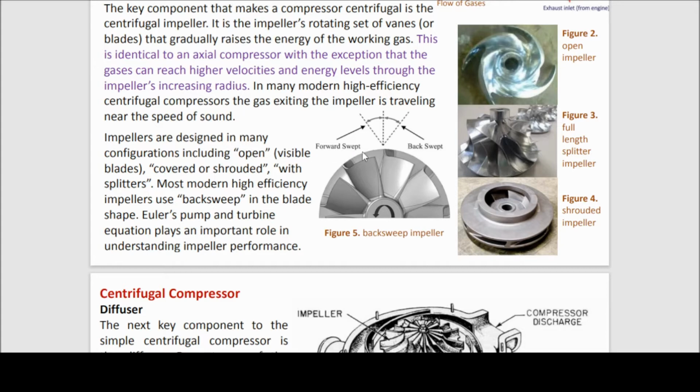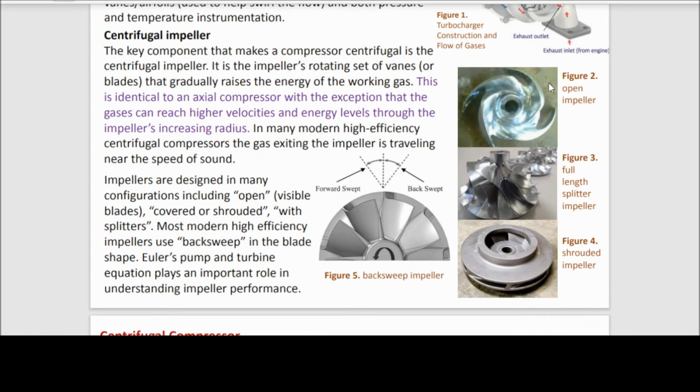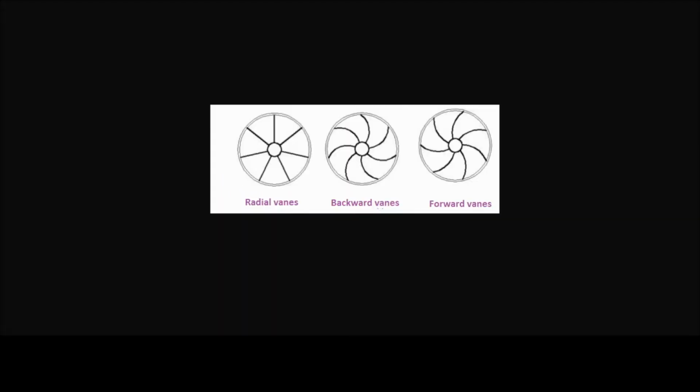Now you can see forward swept and backward swept impellers. Using some other figures I will show you the shape of the impeller. This is radial vanes. This is called the backward vane.